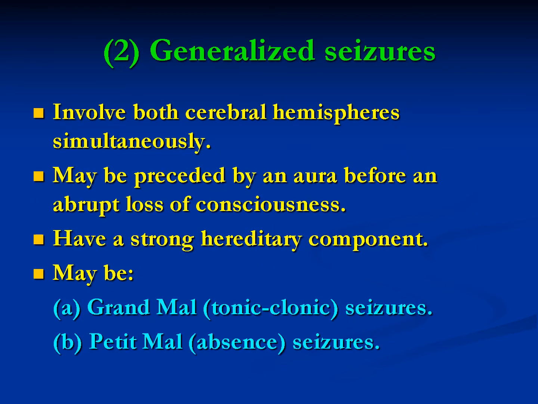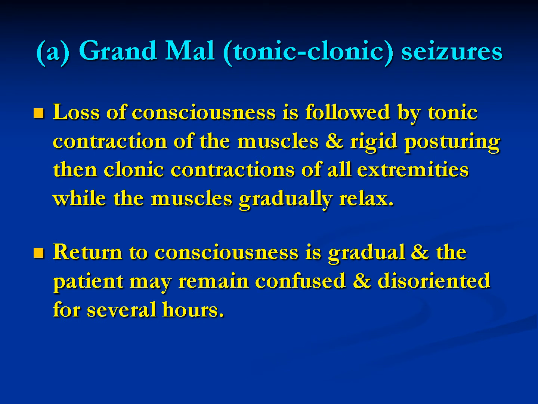Generalized seizure involves both cerebral hemispheres and may be preceded by an aura, which is a characteristic feature of epileptic fits. It may be grand mal, tonic-clonic seizures, or petit mal, absence seizure. Grand mal is loss of consciousness followed by tonic contraction of muscles, rigid posturing, and then clonic contraction of all extremities.